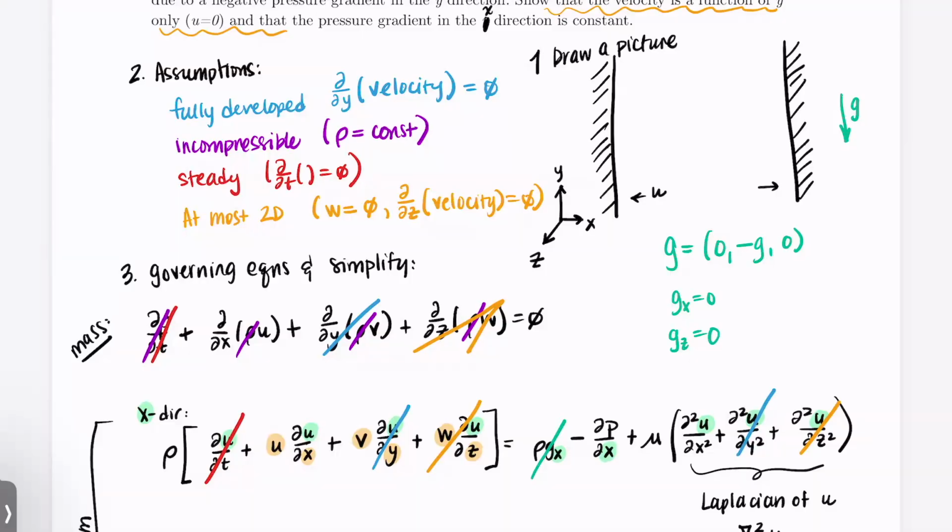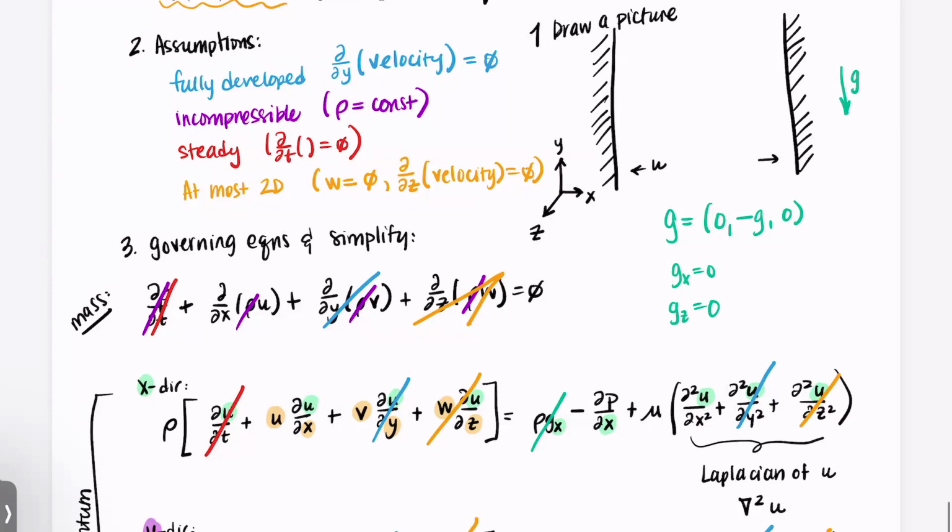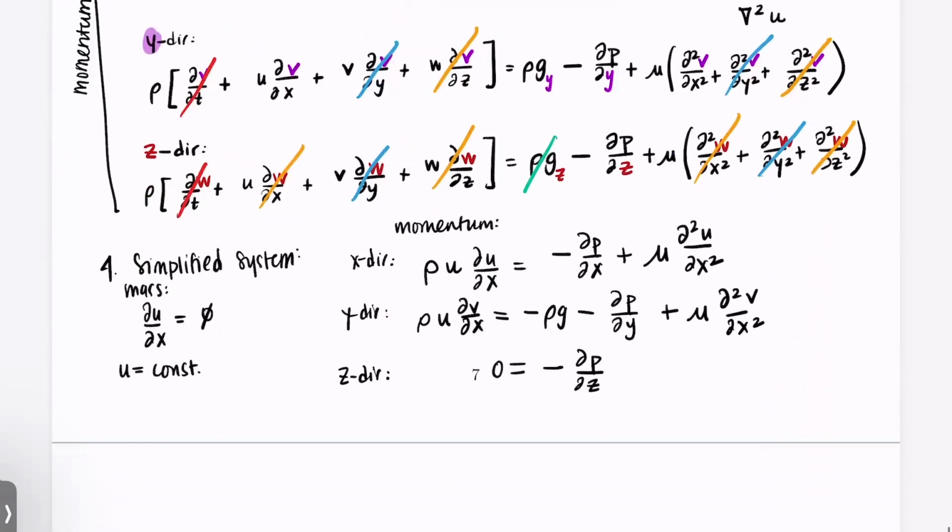Since our walls are impermeable, we can't have any flow in that lateral direction. If we had a component of velocity in the x direction, that would imply that fluid is somehow coming out of or in from the walls, and that's not happening. So we have that u is equal to 0 at the walls. So u is equal to 0 everywhere.